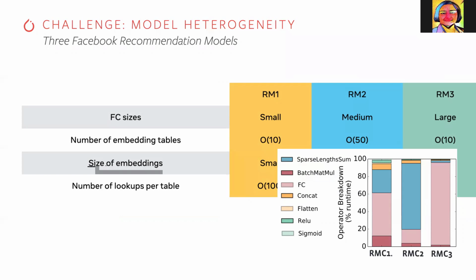The size of the embedding varies, and the number of lookups per table also varies. And if you start to look at the bottlenecks that get introduced by each of the models and try to hone in on specific operators where all the time is being spent, that too varies widely across the models. So you can't optimize for any one operator that is generic for all recommender models.